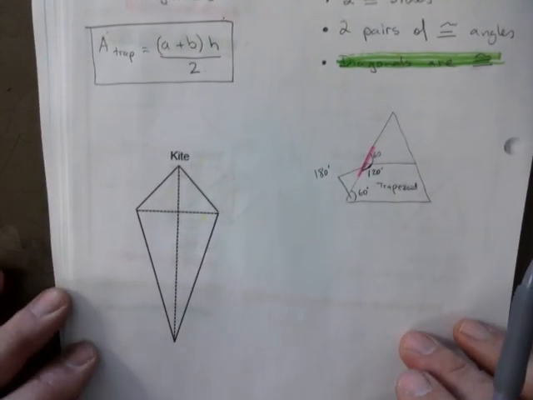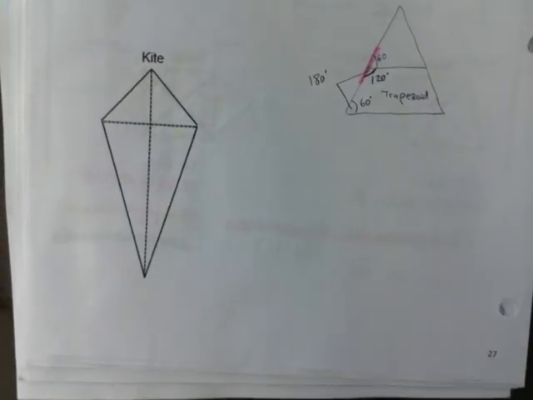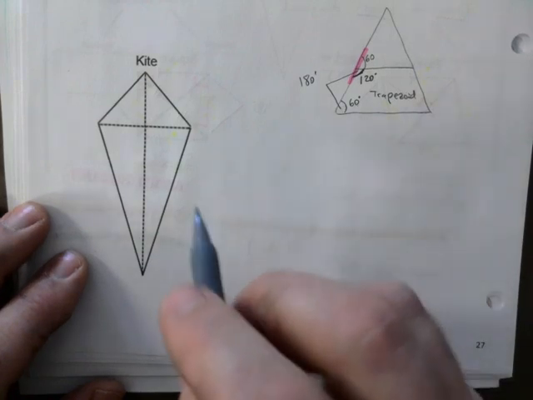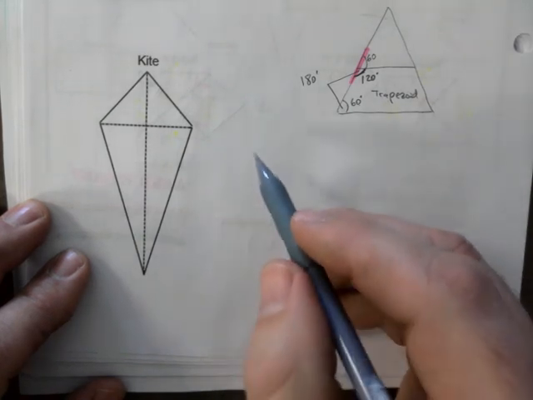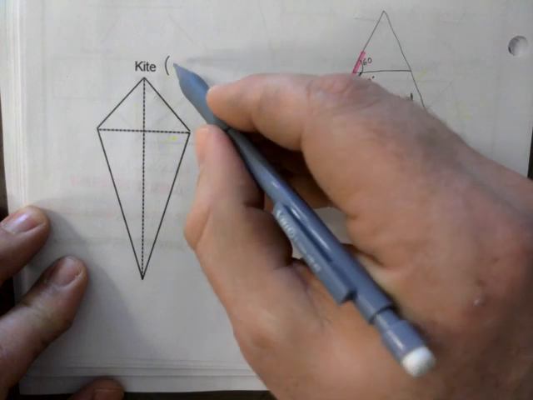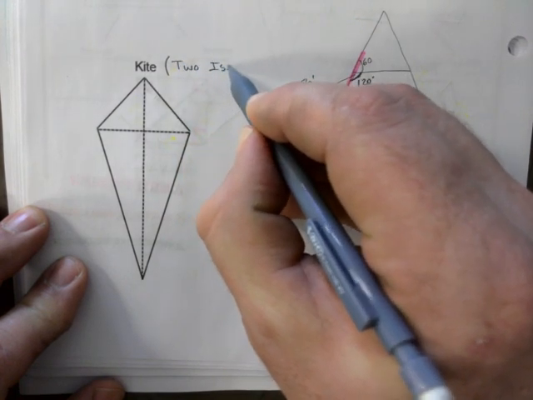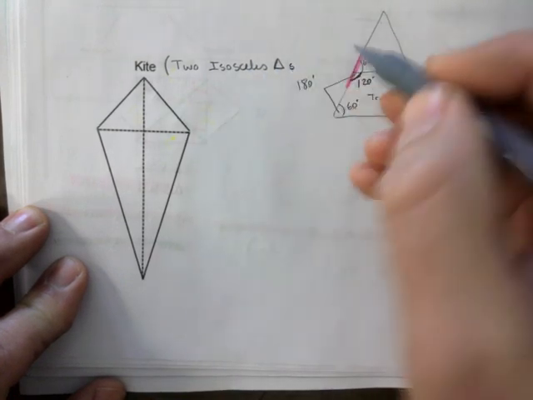Let's go on to the last shape, which is our kite. All right, let me just get my notes here in order. Okay, can I just say, when you see a kite, I want you to think of this. You ready? 2 isosceles triangles.